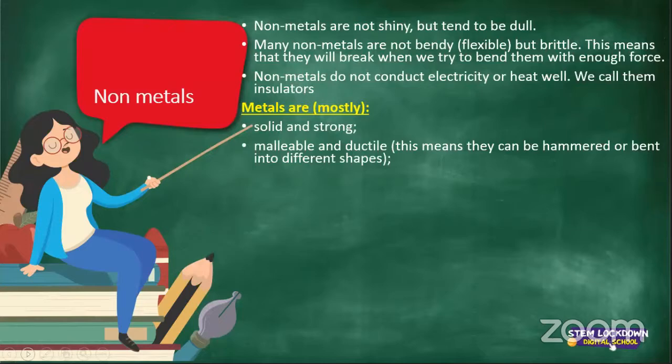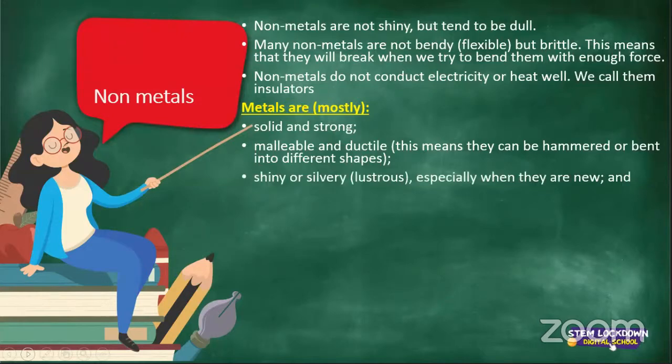Then we say metals are malleable and ductile. That means that they can be hammered into flat sheets or they can be bent into different shapes. Then we say metals are shiny or silvery, especially when they are new. So that means it is bright.